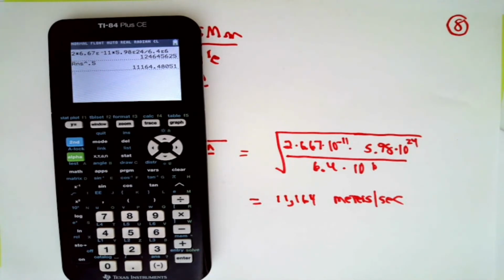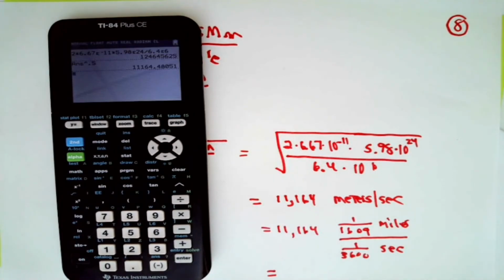I can use those facts to convert this into miles per hour. So I'll have an additional factor of 1 over 1,609 divided by 1 over 3,600. That is to say, I'll have an additional factor of 3,600 over 1,609.